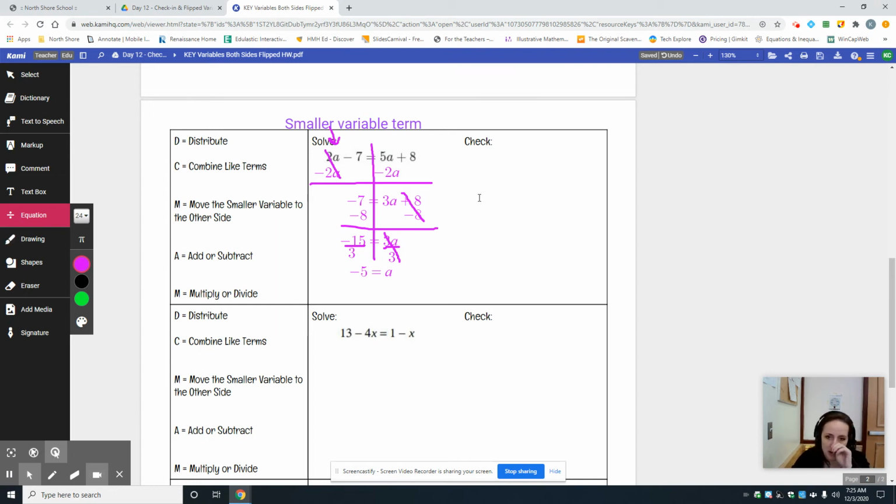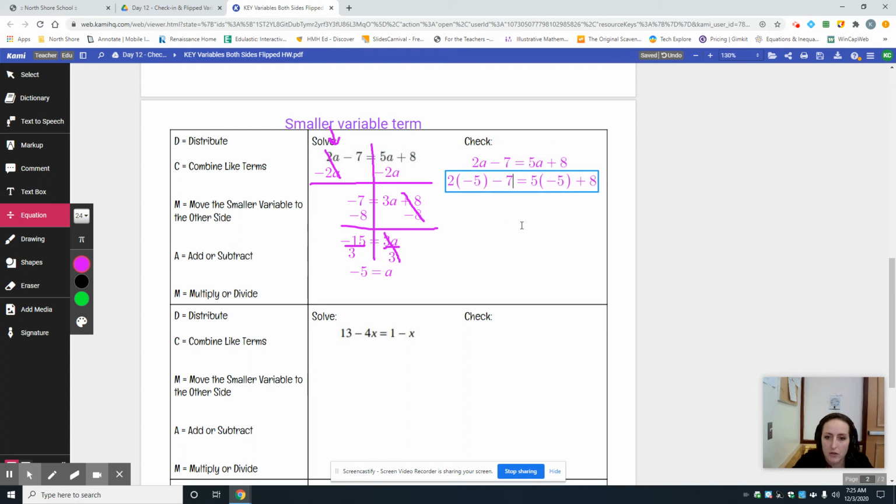All right, step 1, rewrite. 2a minus 7 equals 5a plus 8. Replace. We have 2 times negative 5 minus 7 equals 5 times negative 5 plus 8. Let me bring that over a little bit.